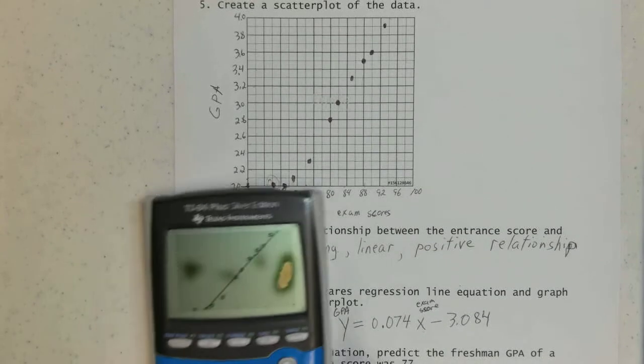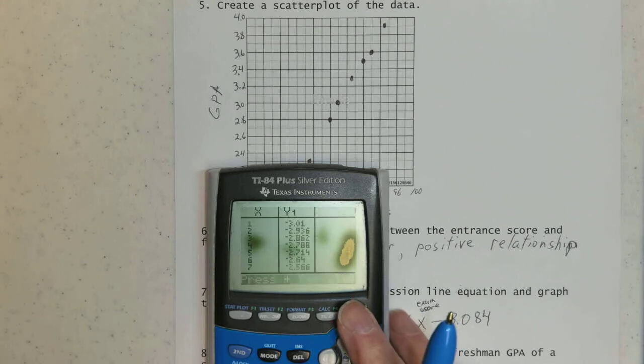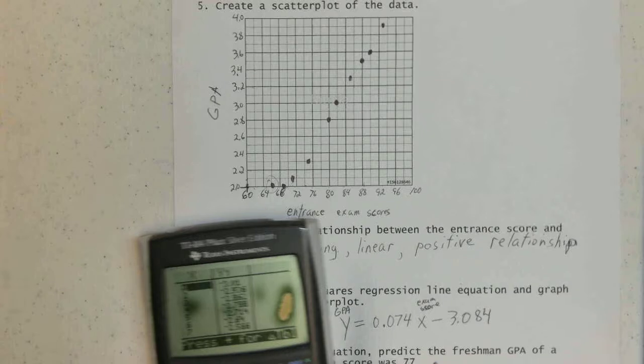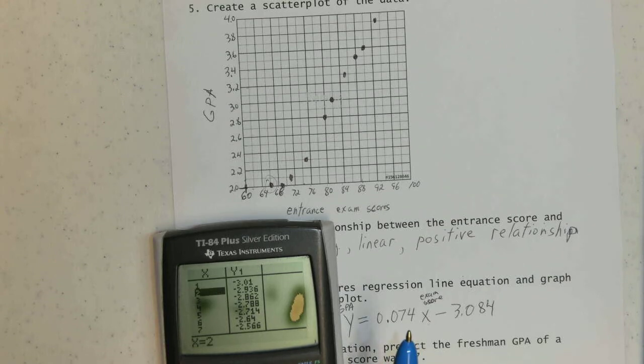And I'm going to look at the table. I'm just going to put a couple points in. I want to put in for 2. No, wait. Okay, I'm confused. This is not the GPA here.